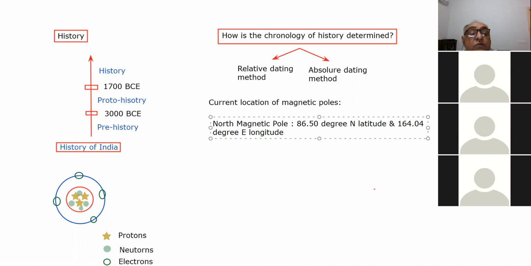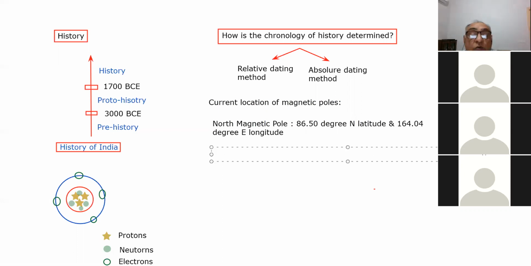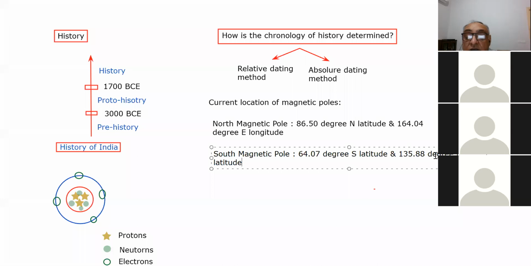And as far as its south magnetic pole is concerned, its location at present is 64.07 degree south latitude and 35.88 degree east longitude.